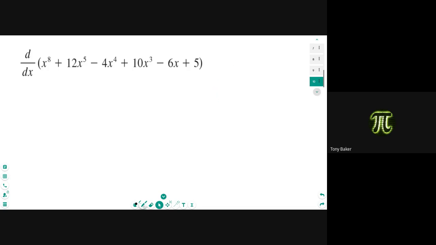All right, so let's look at this in pieces. What's the derivative of the first one? 8x to the 7th. The next one would be 12 times, what's the derivative of x to the 5th? Yeah, 5x to the 4th, multiply times 12 in a minute. Minus 4 times, what's the derivative of x to the 4th?